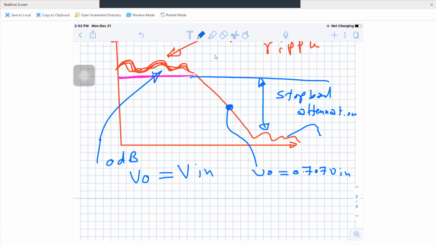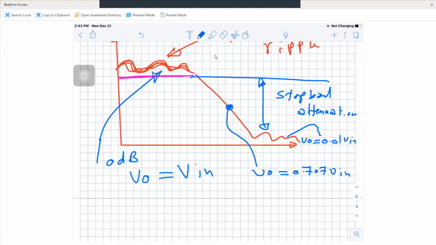In the stop band region we can expect V out to be very small, for example 0.01 V in, or 0.001, and so on. It is attenuated.